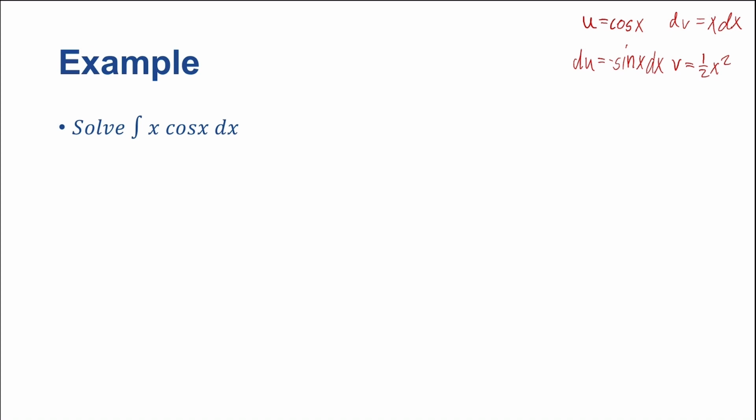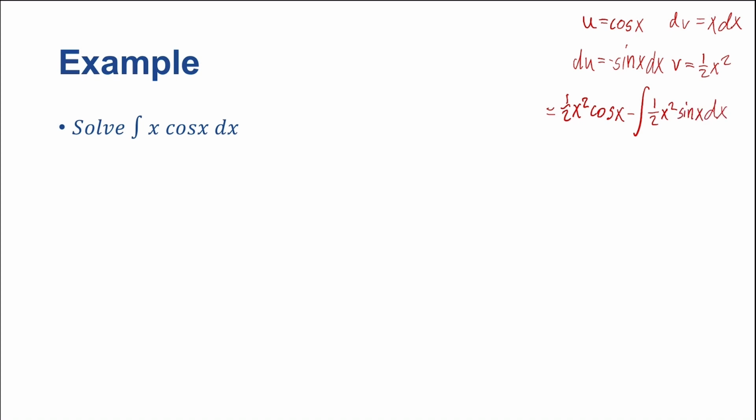Okay, so if I were to plug this into the formula, this is going to become something that looks like v times u, so 1/2 x squared cos x, minus the integral of 1/2 x squared times sine of x dx.